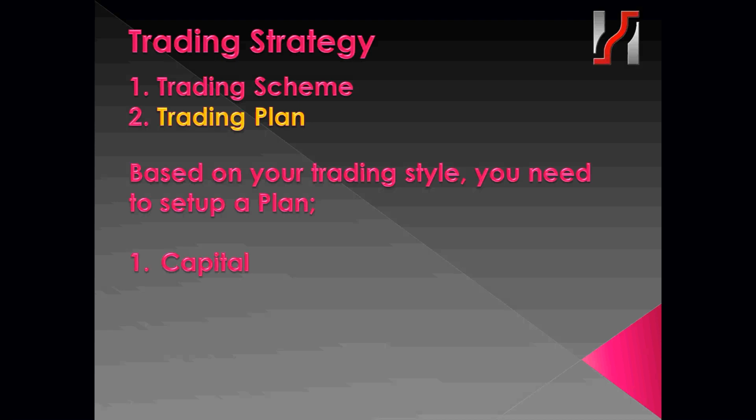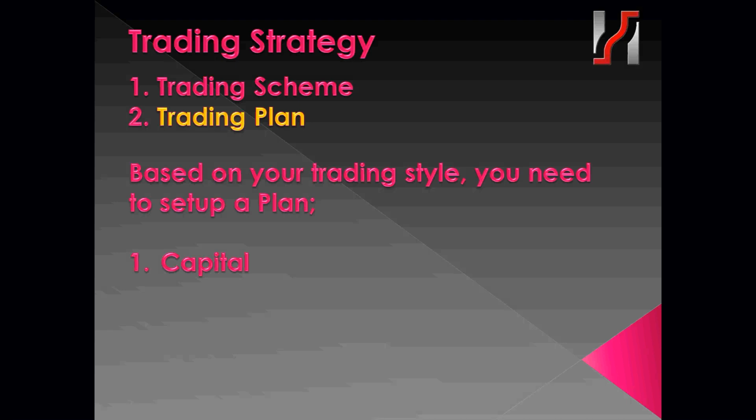For example, let's say that I'm a scalper. For a scalper, to be honest, I would start with 30 USD or 50 USD. For intraday, 50 USD is good enough. For swing trade, I think $100 is more than enough.